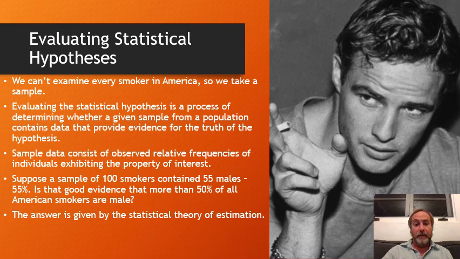The question is, is that good evidence that more than 50% of all American smokers are male? We're going to talk about how we can answer that question, and to do so we're going to use the statistical theory of estimation.